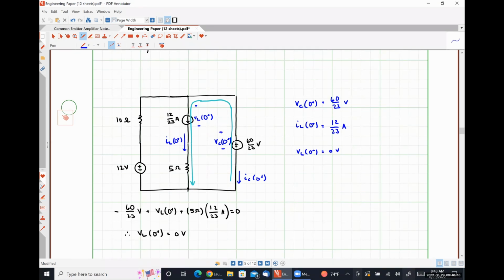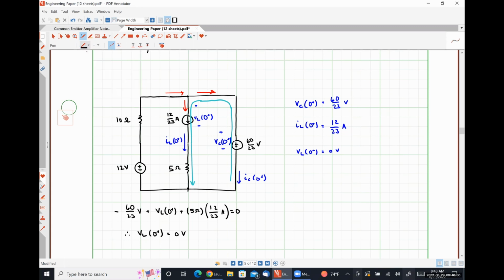Now let's talk about how we might find IC. Well, I could say that this current flowing in is equal to this current flowing down plus this current, right?